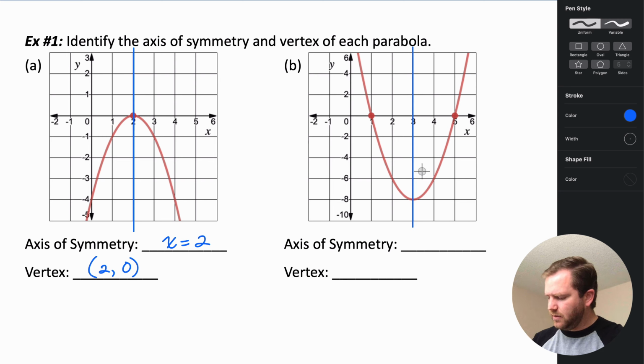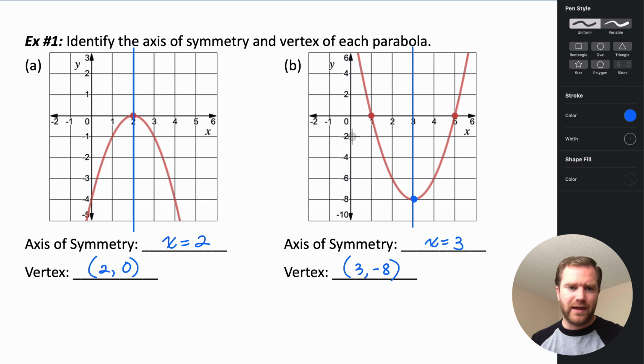So this vertical line right here at x equals 3 is going to be my axis of symmetry. The x-coordinate for your vertex comes from your axis of symmetry, and then down here is going to be my y-coordinate. This is a minimum, and my minimum value is down here at -8. So 3, -8 is my vertex.